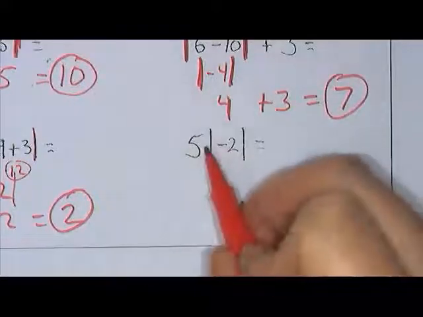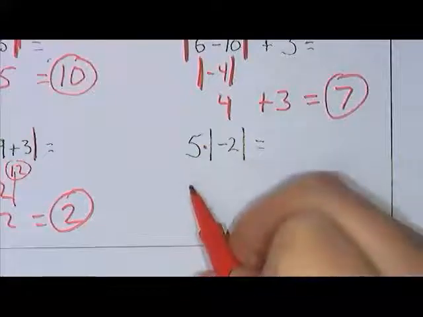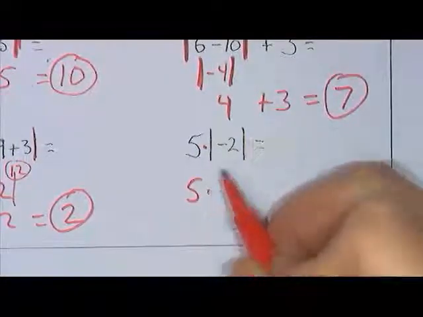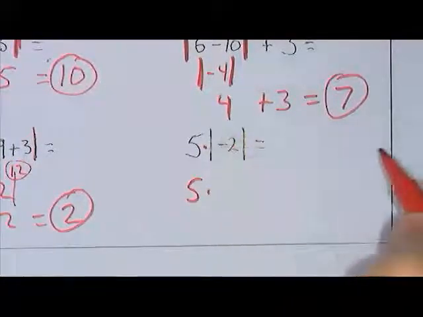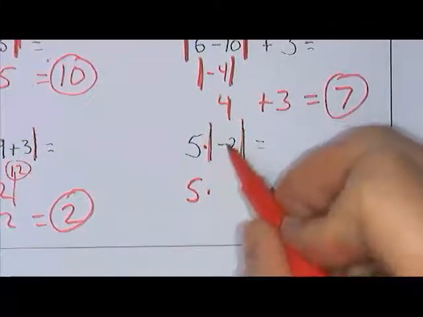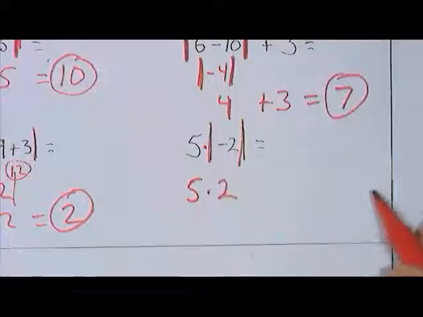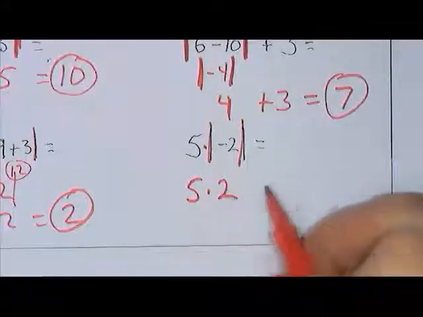Just like parentheses, this basically means times. So we have 5 times the absolute value of negative 2. Well, negative 2 is 2 spaces from 0. So I have 5 times 2.